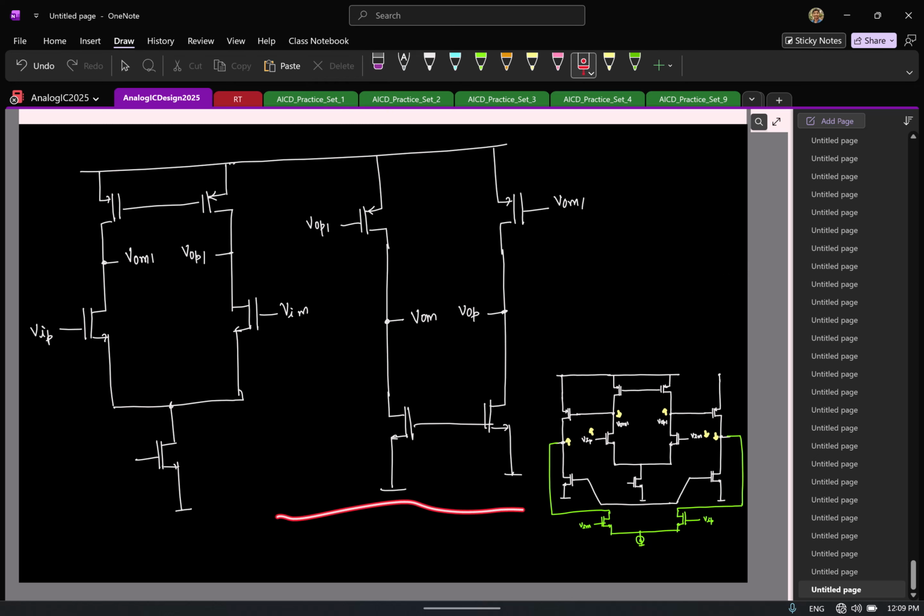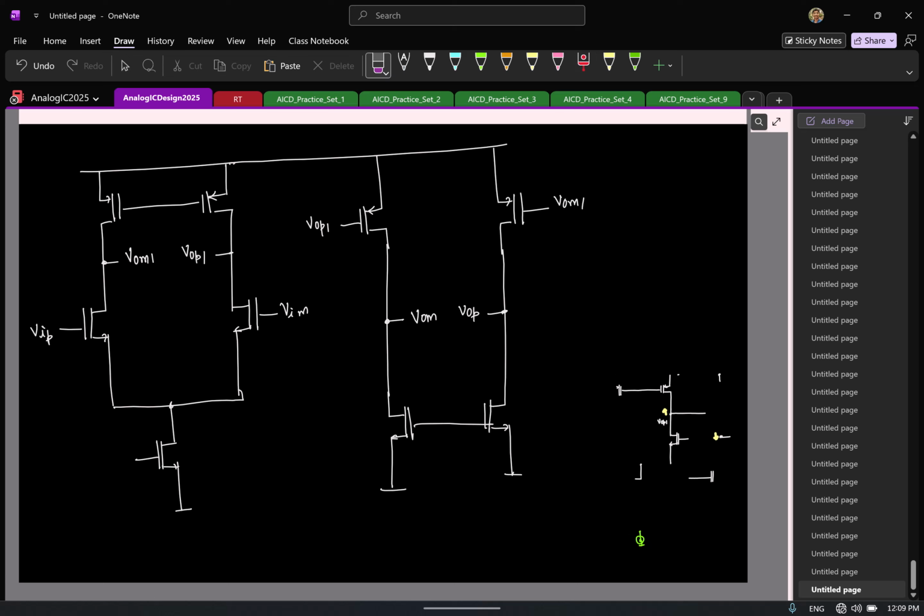This okay? Now I'm adding the feed-forward path. Let me add that. I'll erase this. So the feed-forward path, we are adding it here.